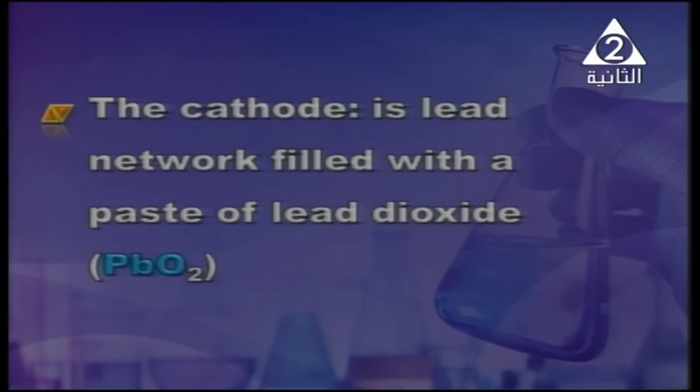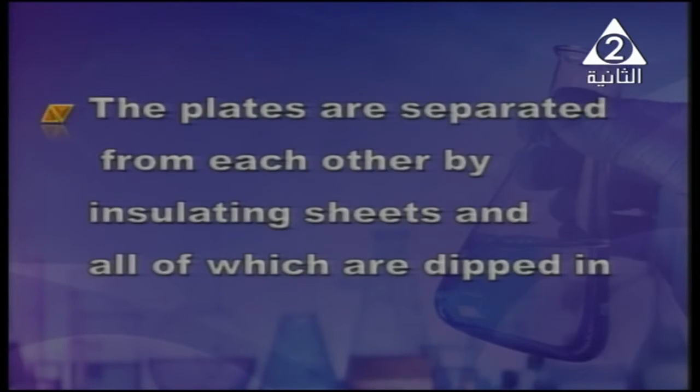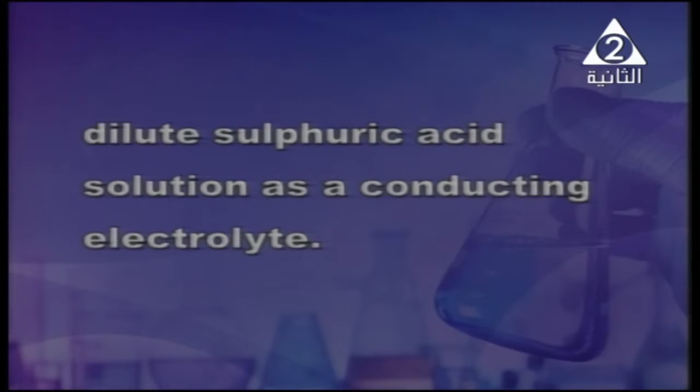The cathode is a lead network filled with a paste of lead dioxide, PbO2. The plates are separated from each other by insulating sheets, and all of them are dipped in dilute sulfuric acid solution as a conducting electrolyte.